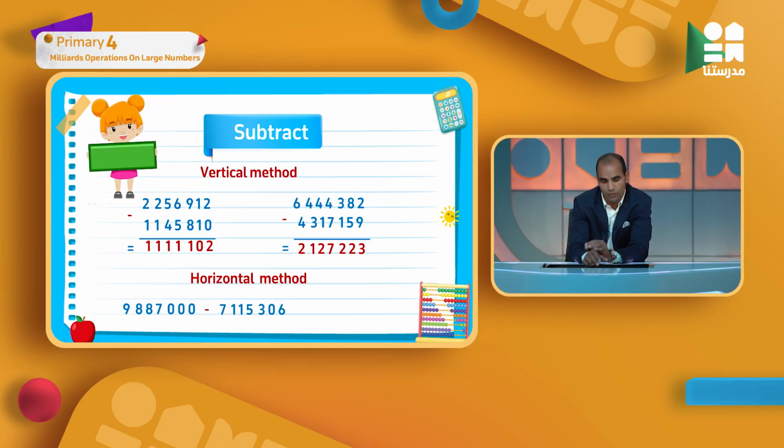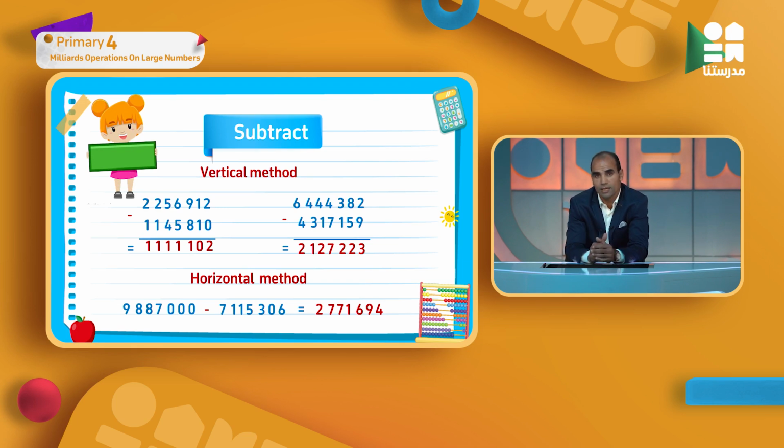About horizontal method, we have here this example for you. You can write it and try to solve it. Okay, and this is the result. 0 minus 6 can't be, of course. You will borrow 1 from 7, and the first 0 will be 10, and the second 0 will be 9, and the next 0 will be 9.